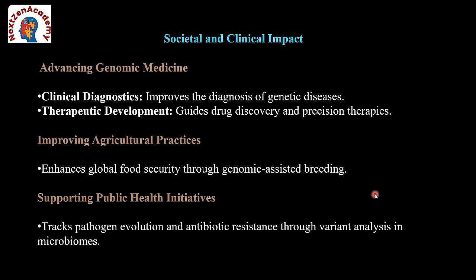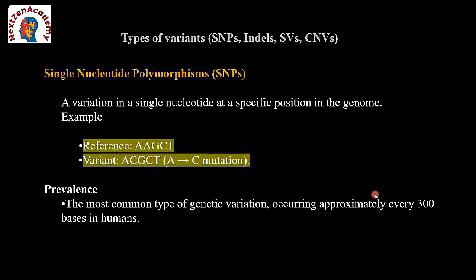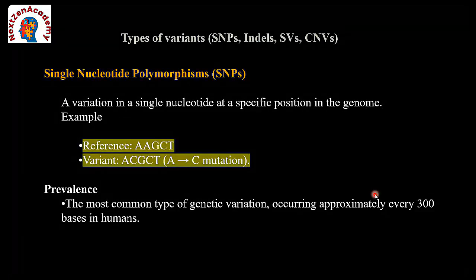That is helpful in a clinical way for all the physicians or clinicians who are working to improve the diagnosis of genetic disease, and it is also helpful to guide specific procedure-based drug design. It is helpful for improving agricultural practice, and it is also helpful to support public health initiatives.